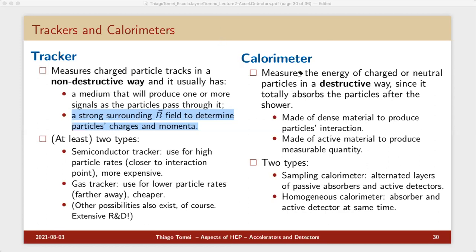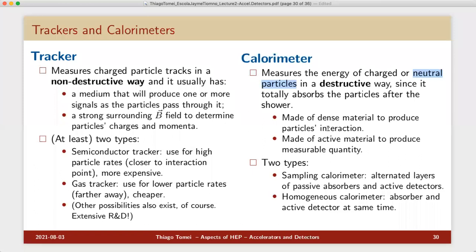Or you can build a calorimeter. A calorimeter here, instead, you want to use those showers that I spoke about before, either the electromagnetic or the hadronic, to measure the energy of charged particles or of neutral particles. This is the key thing that the calorimeter can do for you.